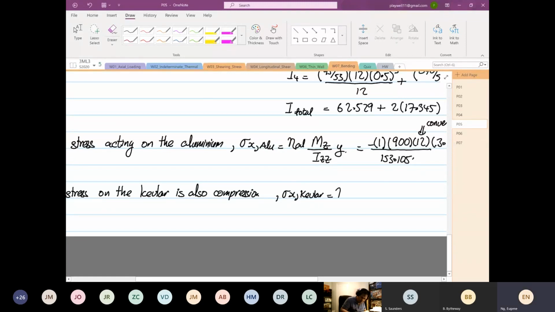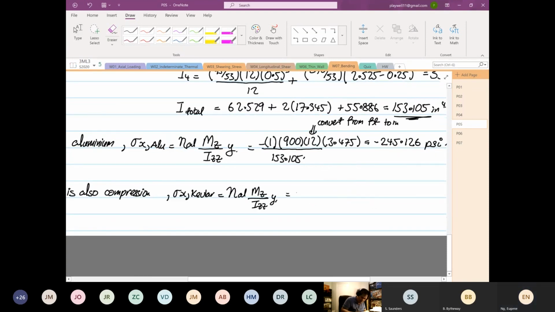So this will be equal to N, Mz over Izz multiplied by Y. Now it's going to be minus because it's compression, and then you have to include the 95 over 53, multiplied by Mz, which is equal to 900 multiplied by 12.